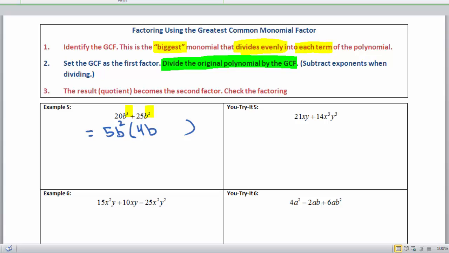And then 25b squared over 5b squared, 25 over 5 is 5, and b squared over b squared cancels out, or you can look at it like it's b to the 0, which is just 1. So this is the factored form of that expression, right? 5b squared was the GCF, and then 4b plus 5 is my second factor, which is left after dividing.